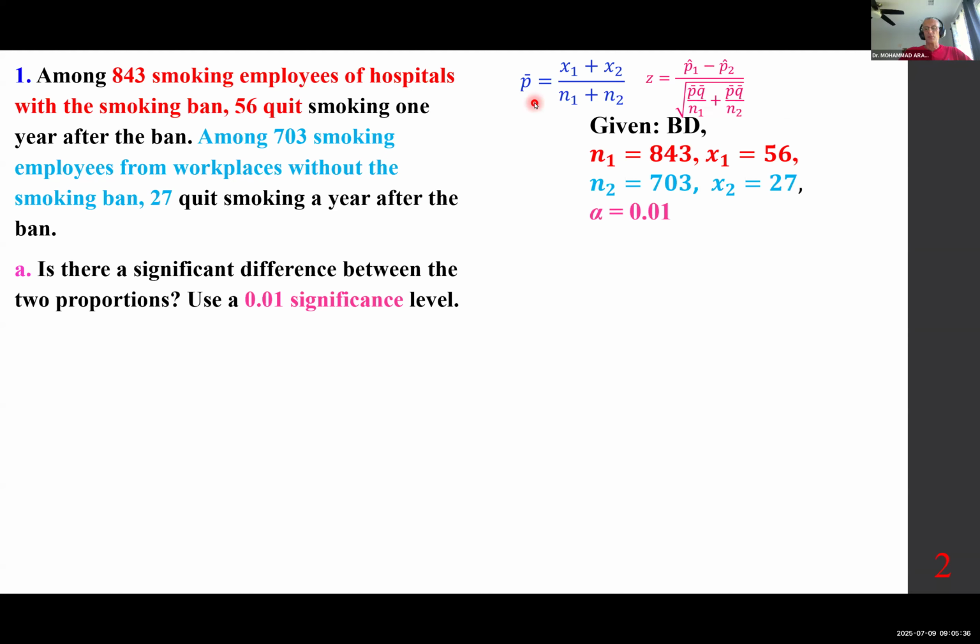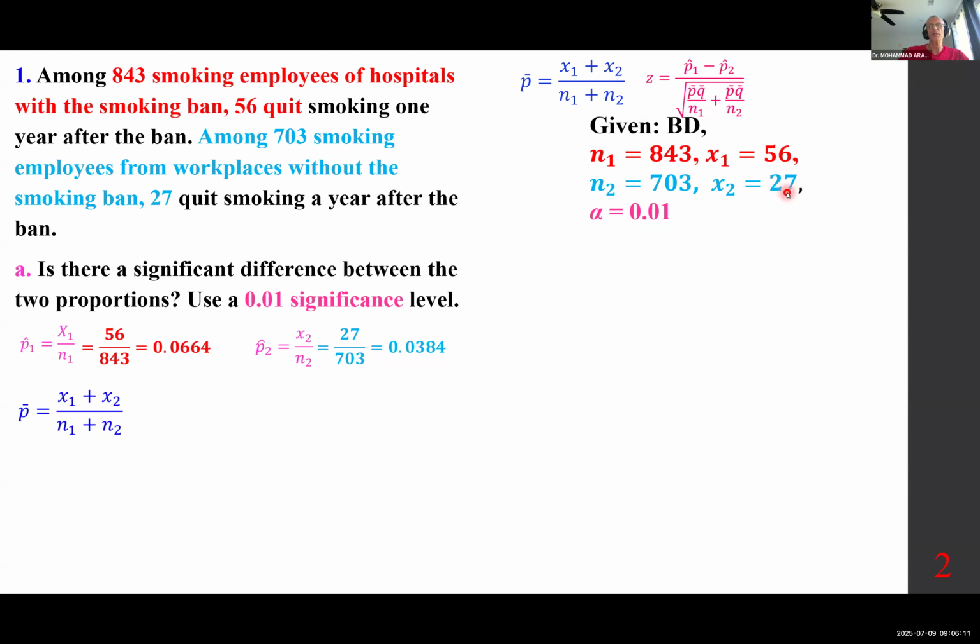All right, so as I mentioned, P1 hat is X sub 1 over N sub 1, so 56 over 843. P2 hat would be X sub 2 over N sub 2, 27 over 703. And by the way, alpha was, of course, 0.01. So it's important to write the given and take it from there. And now, having this formula, this P bar is X sub 1, 56, plus X sub 2, 27.